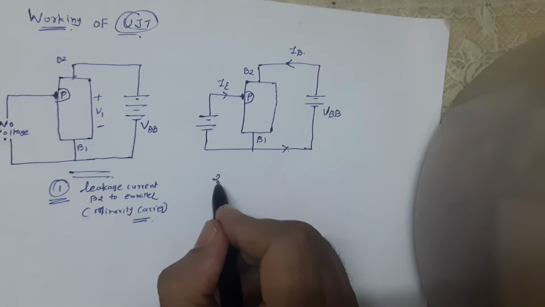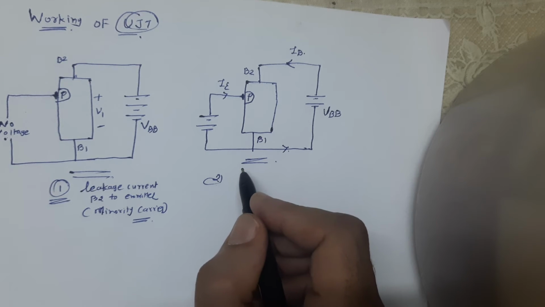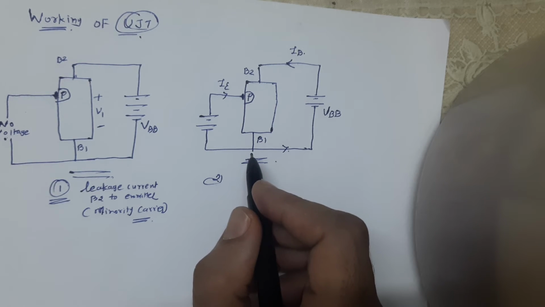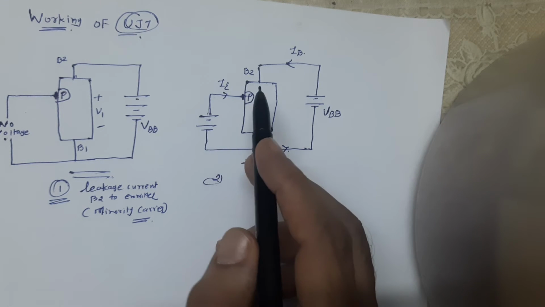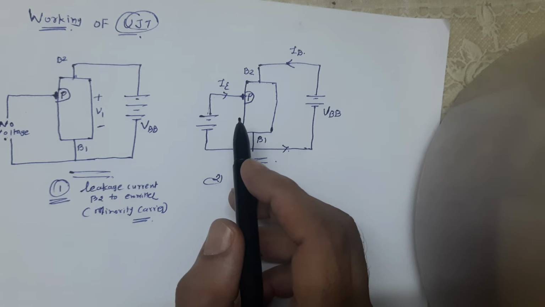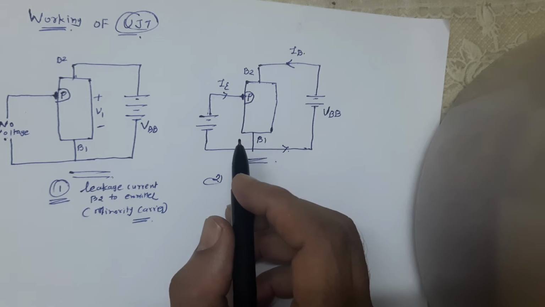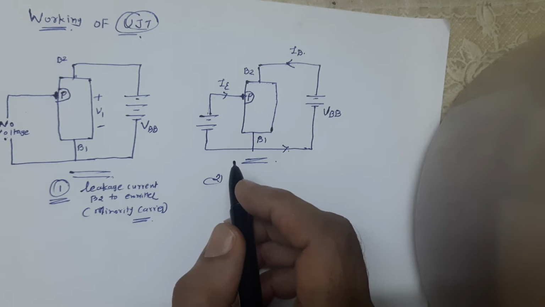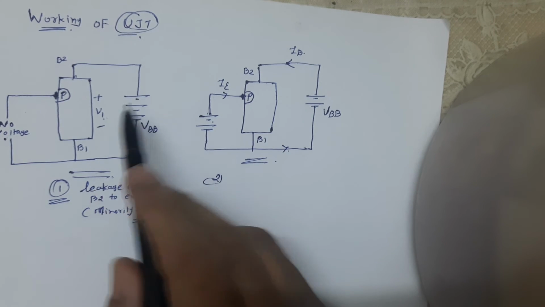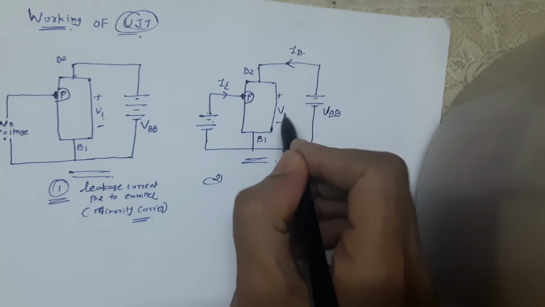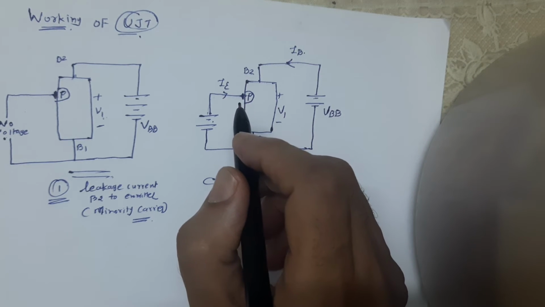In the second circuit, if a positive voltage is applied to the emitter, the PN junction will remain reverse biased so long as the input voltage is less than V1.